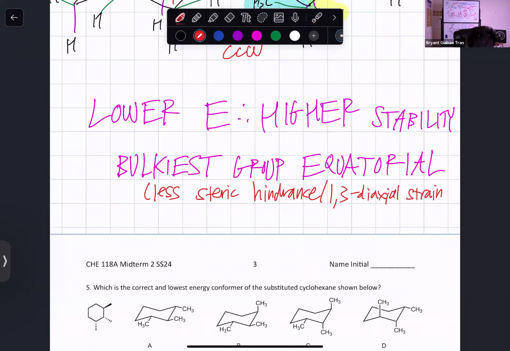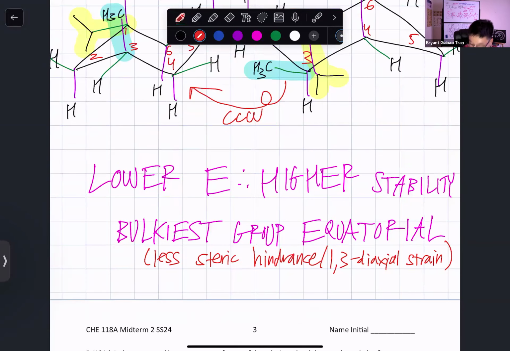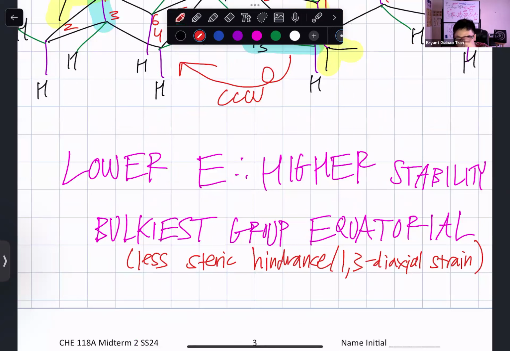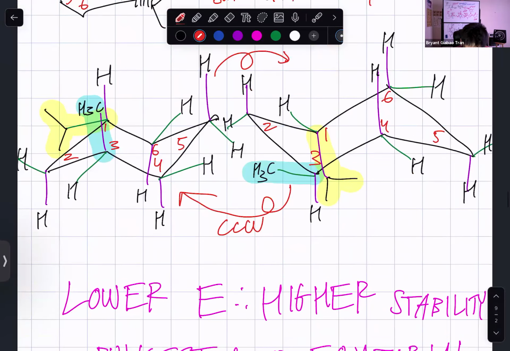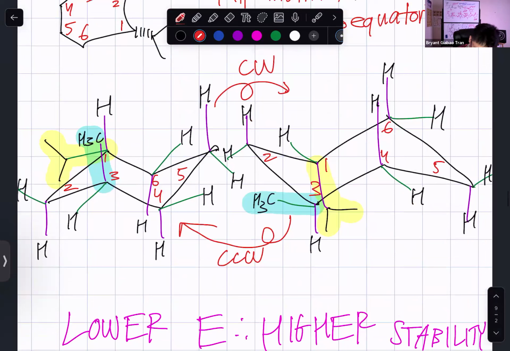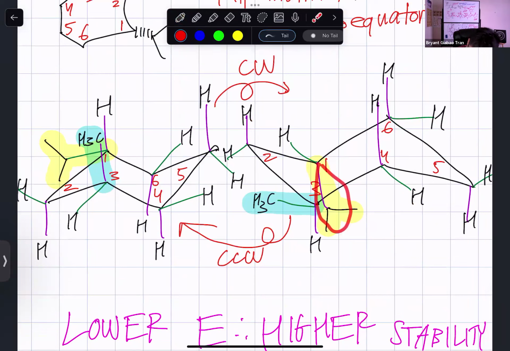If not, I don't want to overwhelm you guys, because if you don't need to know it, then we don't have to go over it. Have you guys heard of 1,3 diaxial strain? Yeah, okay. So 1,3 diaxial strain is basically saying, notice how this bulky group here, that's axial, right?